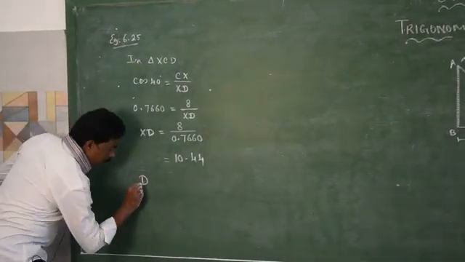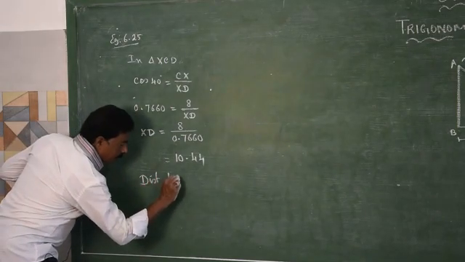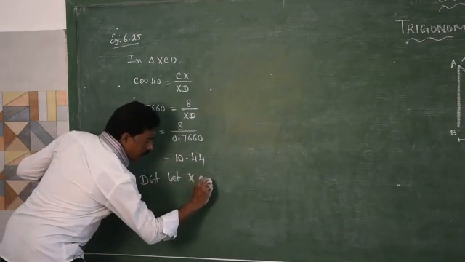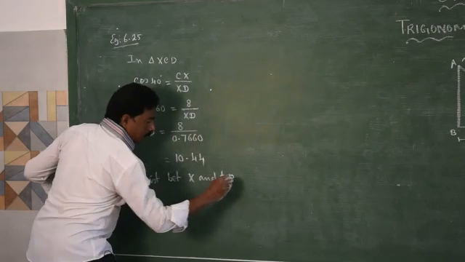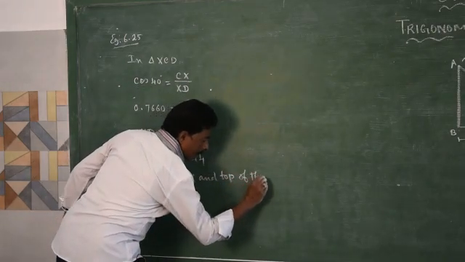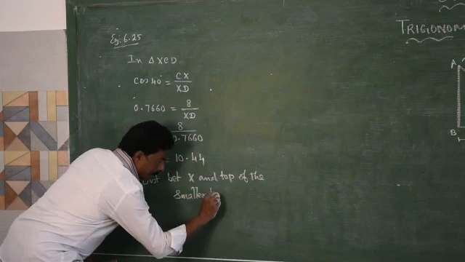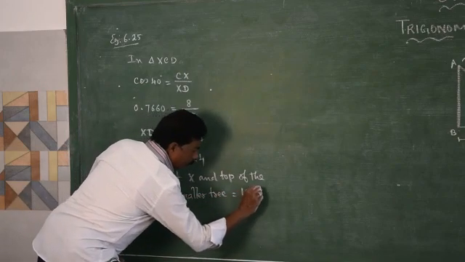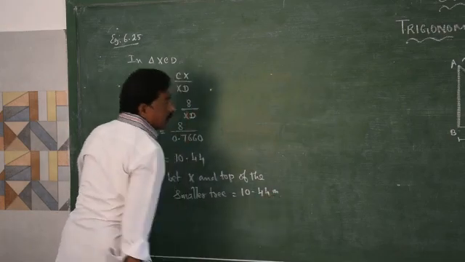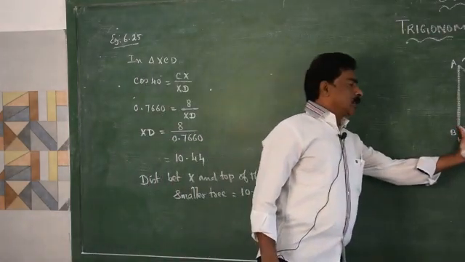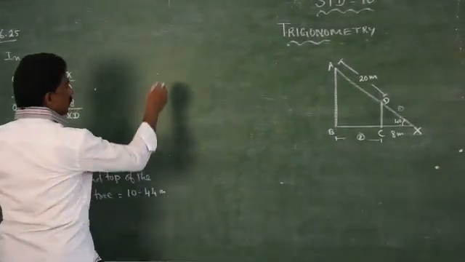So the distance between X and top of the smaller tree is 10.44 meter.